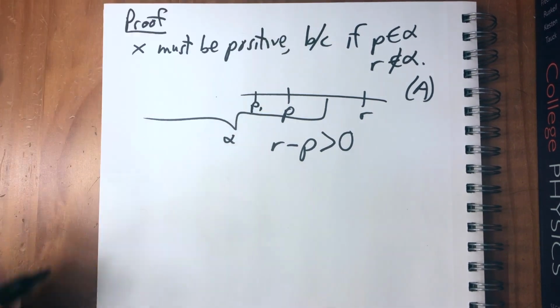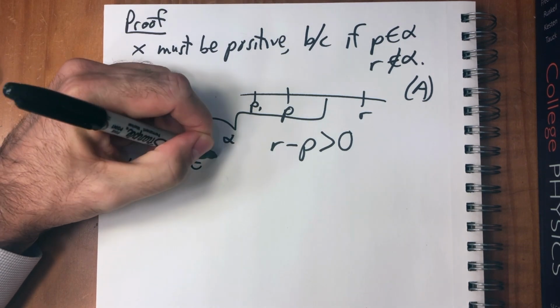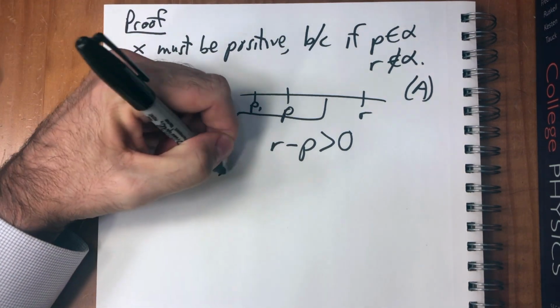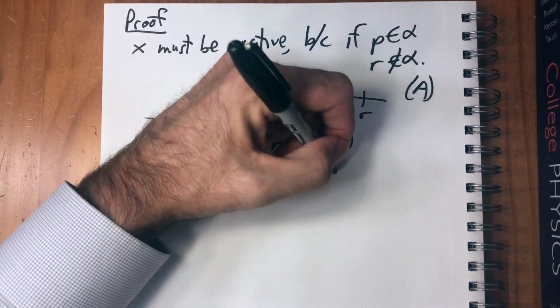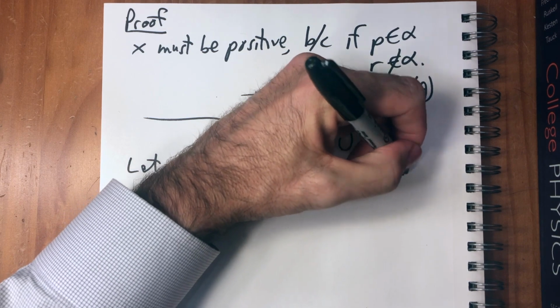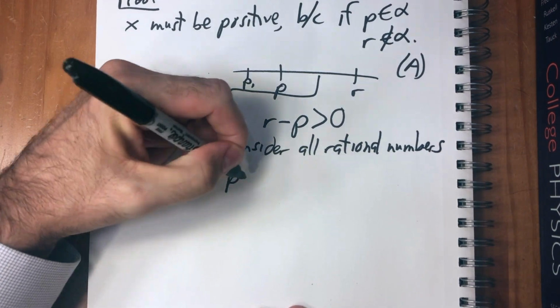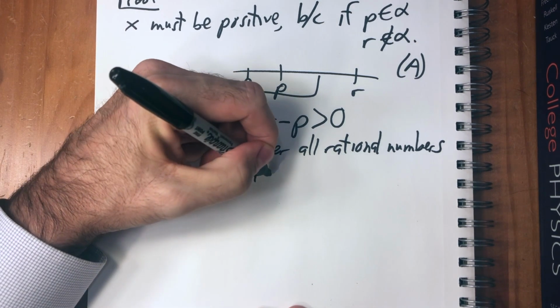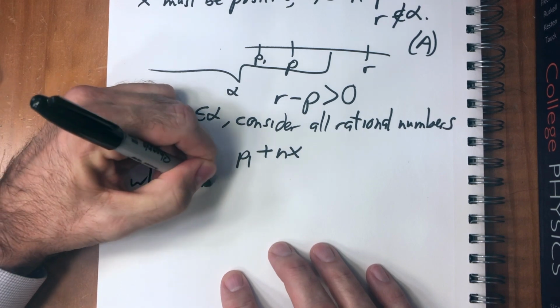So let's start just with an arbitrary number inside alpha. Call it p1. So let p1 be an element of alpha, and consider all rational numbers of the form p1 plus nx, where n is, of course, an integer.